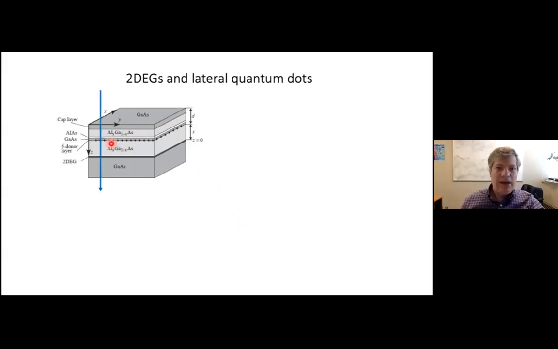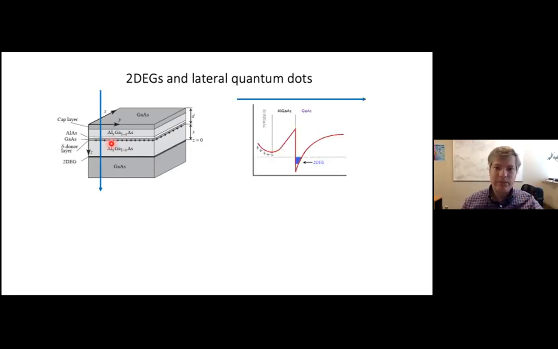So now if we plot the potential energy as we move down vertically through the structure, we'll find that there's a quasi-triangular quantum well that forms right at the interface of the AlGaAs and GaAs layers. So the electrons accumulate there, and this gives a very thin, only about 5 nanometer thick, two-dimensional sheet of electrons.